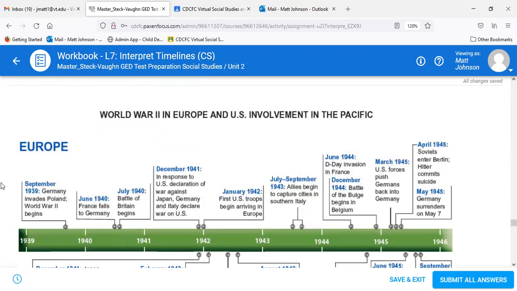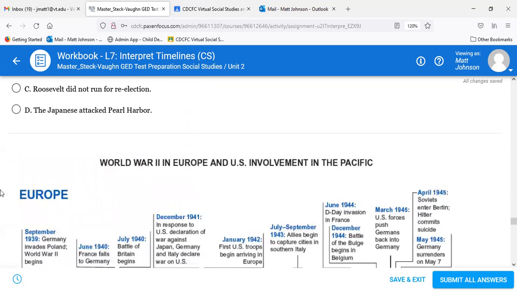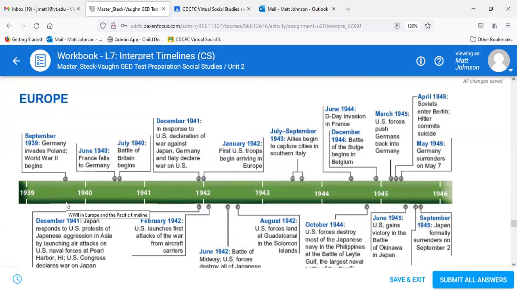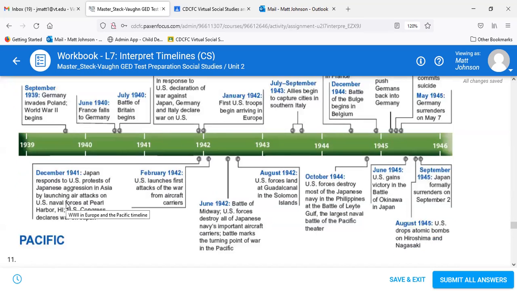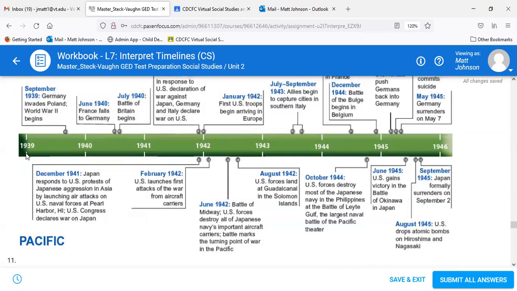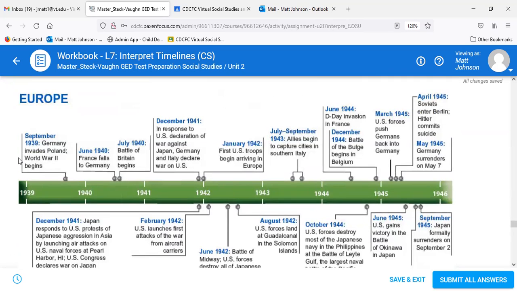And then one final timeline here to finish out. World War II in Europe and U.S. involvement in the Pacific. So this one gets pretty crazy. On the top side of the timeline is our involvement in Europe, and on the bottom we see our involvement in the Pacific, starting with Germany invading Poland and launching into World War II.